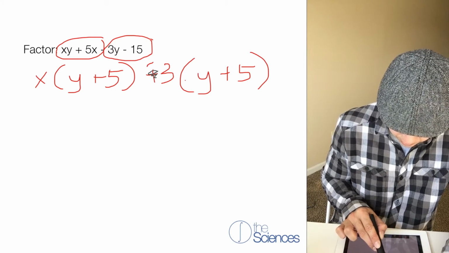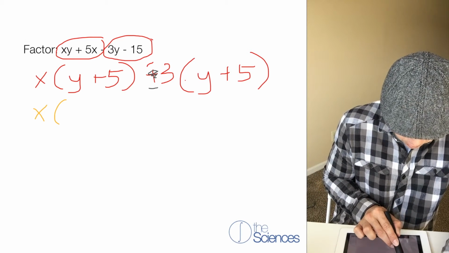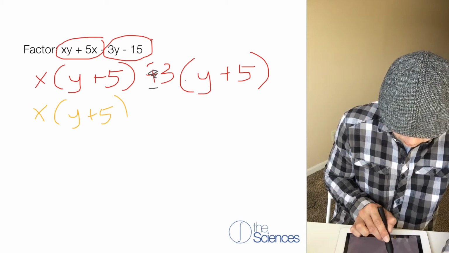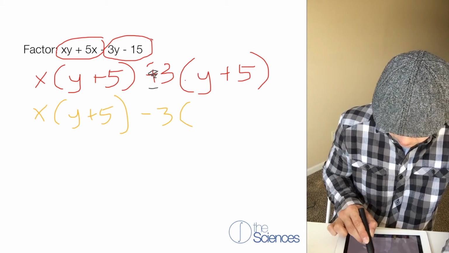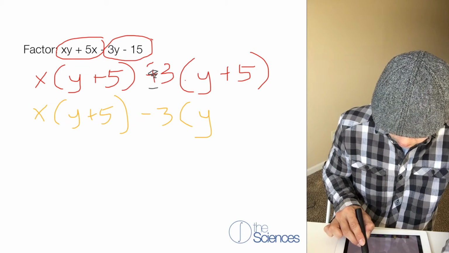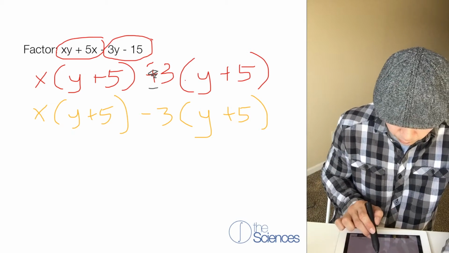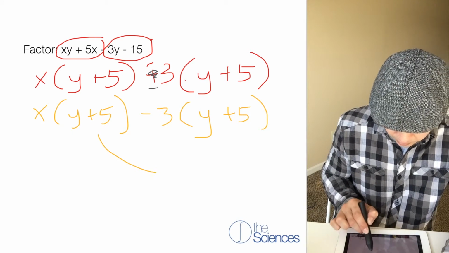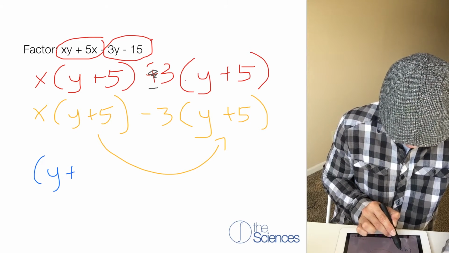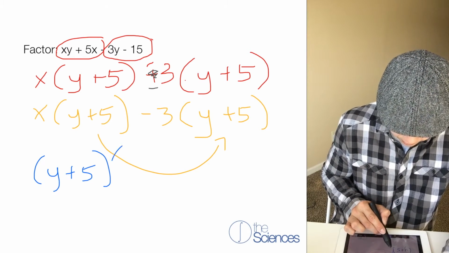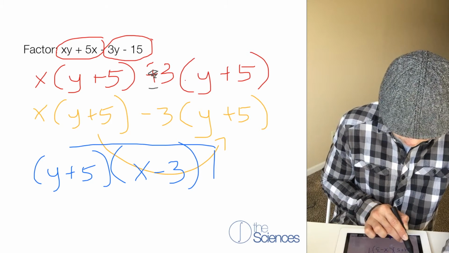So now we can rewrite this as x times y plus 5 minus 3 times y plus 5. So now we can factor out our y plus 5, and then we have x minus 3. So that's our answer.